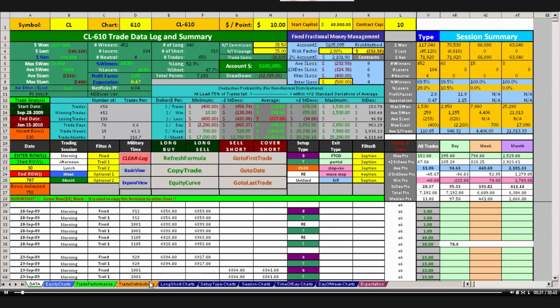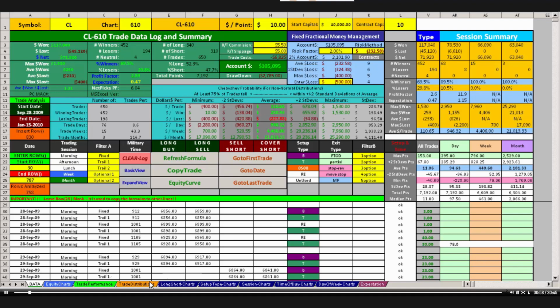The whole concept of trade distribution is certainly complex, there's no question about it, but it provides some significant insight into the trading system, the personality of that trading system, and how stable and reliable it is. So it is quite useful to look at it, and most traders have never actually looked at what their trade distribution looks like.